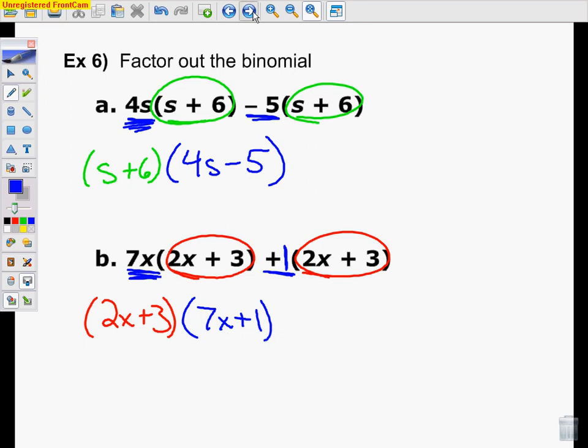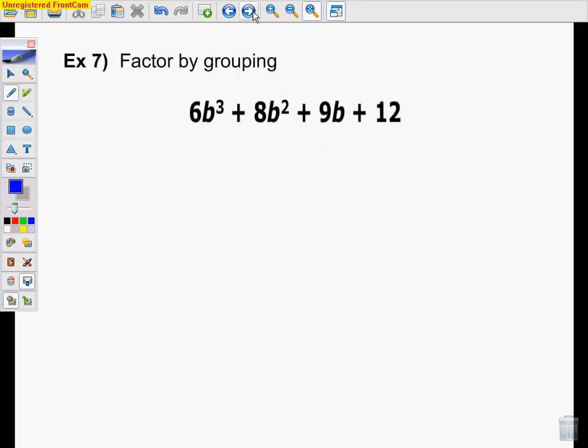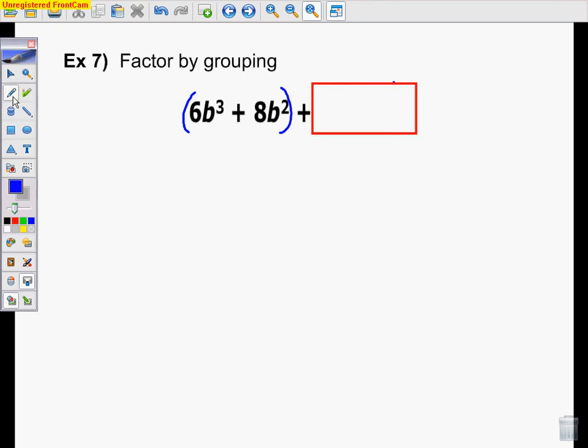Okay? All right. Next, factoring by grouping. Factoring by grouping is actually going to combine a couple of the things that we've talked about today already. First, when you're factoring by grouping, the first thing you're going to do is actually group. You're going to group the first two and the last two. After you have those grouped, you're pretty much going to forget about one of them for a little bit. And then you're going to factor out the GCF out of the first group.